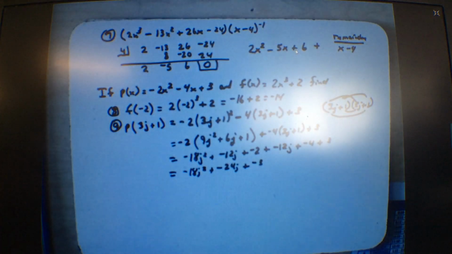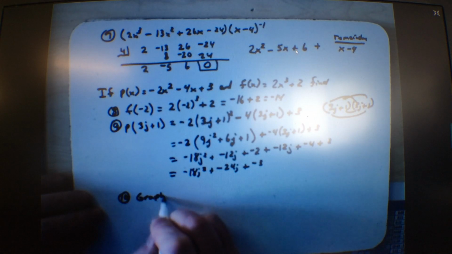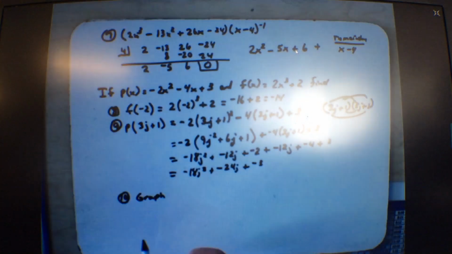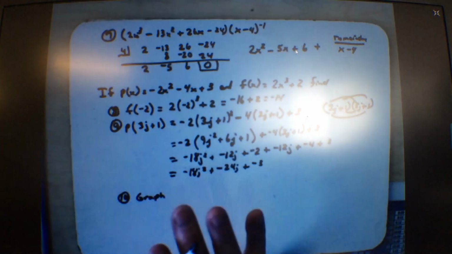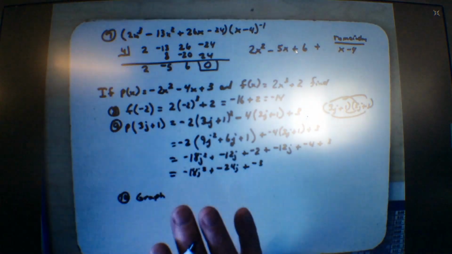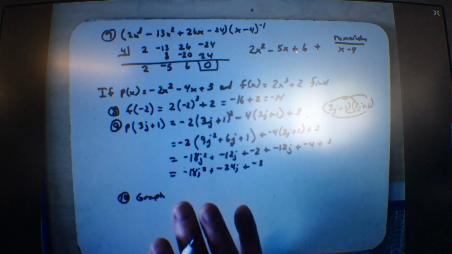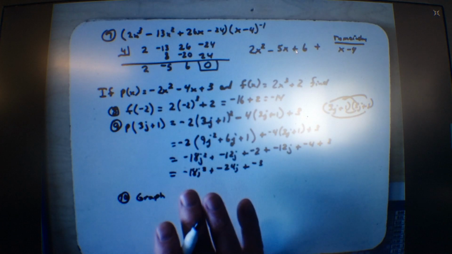Oh, I gotta graph the next one. So now we're gonna do graph. And it's gonna be an x cubed value. Now let me find one. These are kind of hard because we can do a t-table. So I'm gonna do the t-table here and we're gonna graph it.